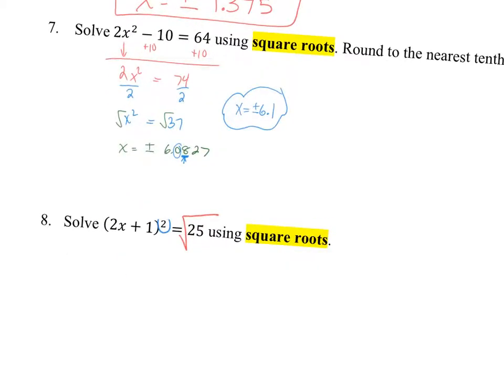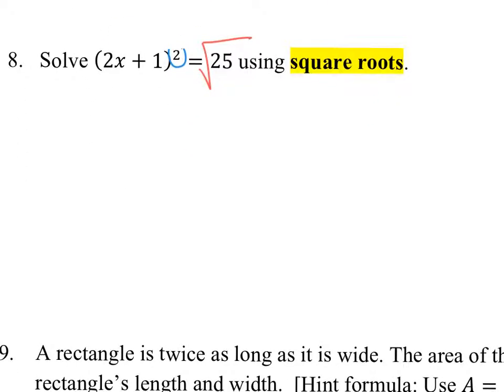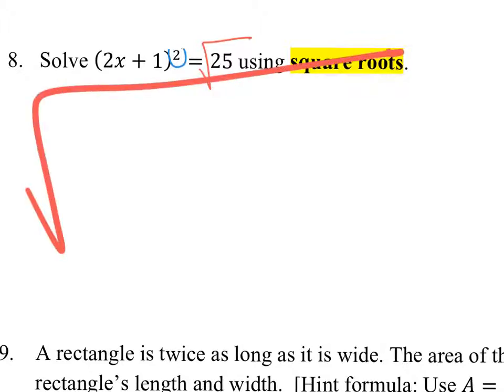With this one, however, you need to take that squared parentheses and unsquare the whole entire thing. You're left with just 2x plus 1, because when you take the square root of something that's squared, you're literally unsquaring it. That's why that left part is equal to 2x plus 1.